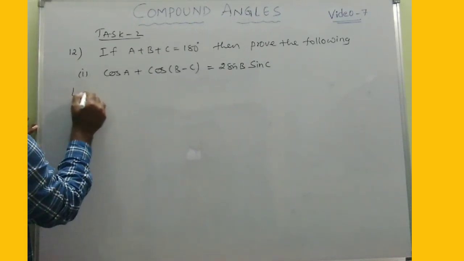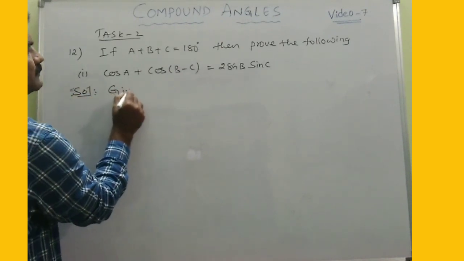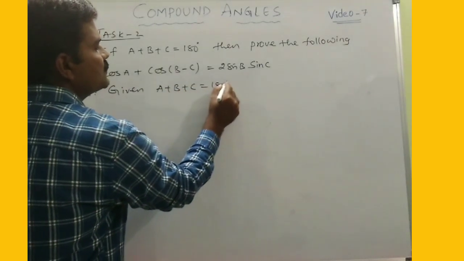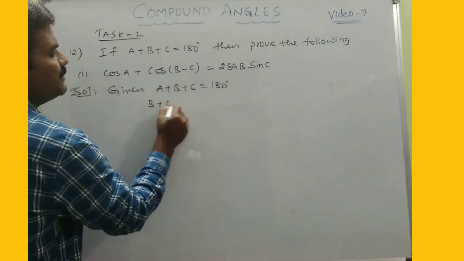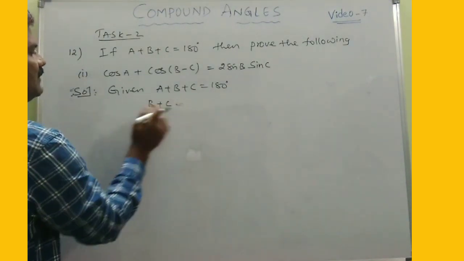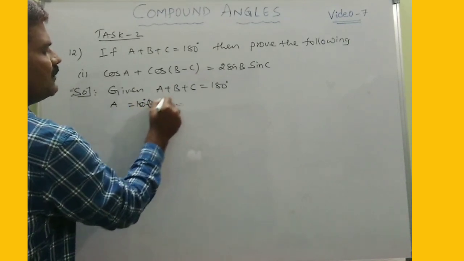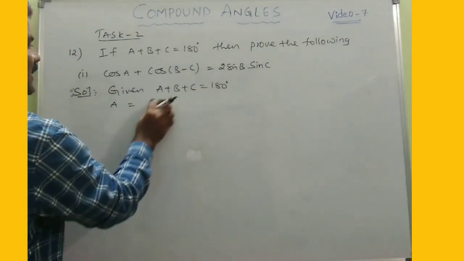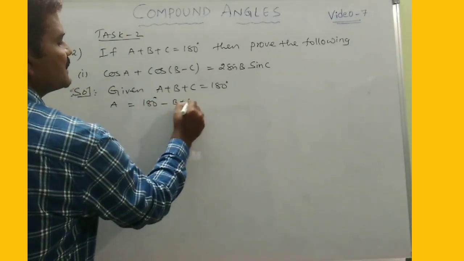So first of all, coming to the solution, what is given? Given that A plus B plus C is equal to 180, right? So from this, angle A is equal to, what can we write here? 180 degrees minus (B plus C), right?